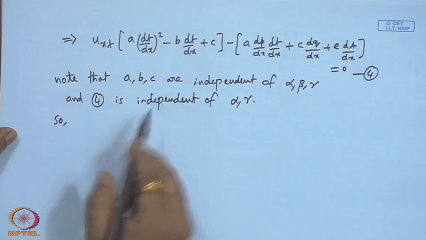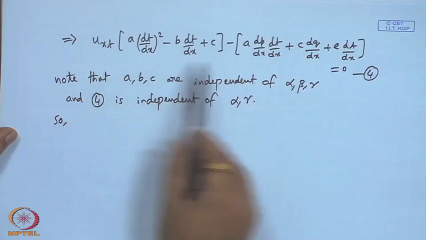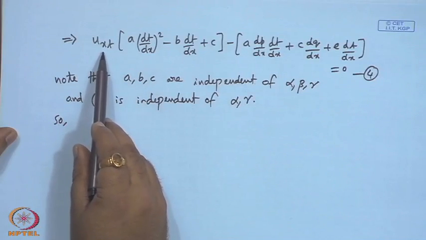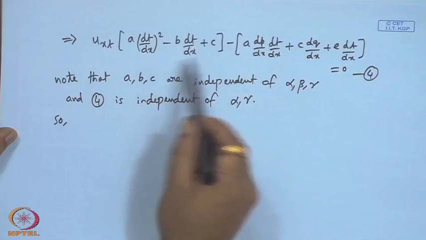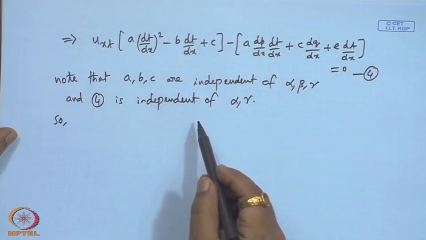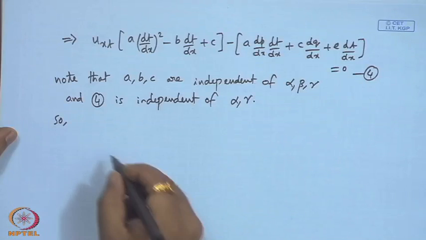So, this can be made independent of, this is nothing but beta. So, this can be made independent of beta if this is 0. If this is 0, the whole thing is independent of beta and this relation is satisfied. Okay.